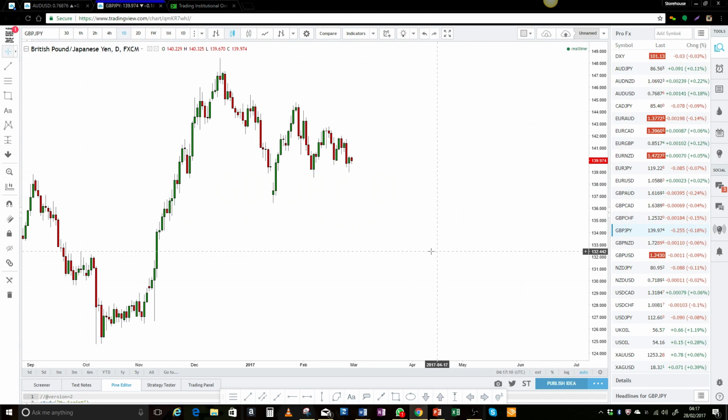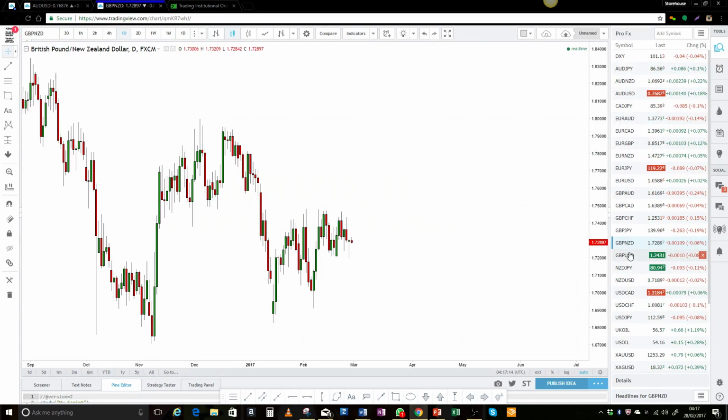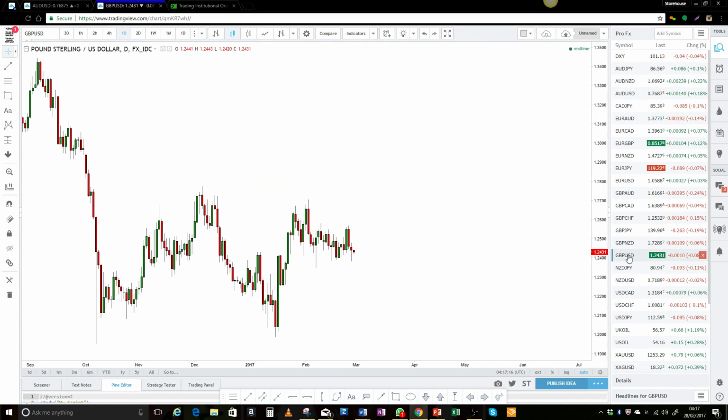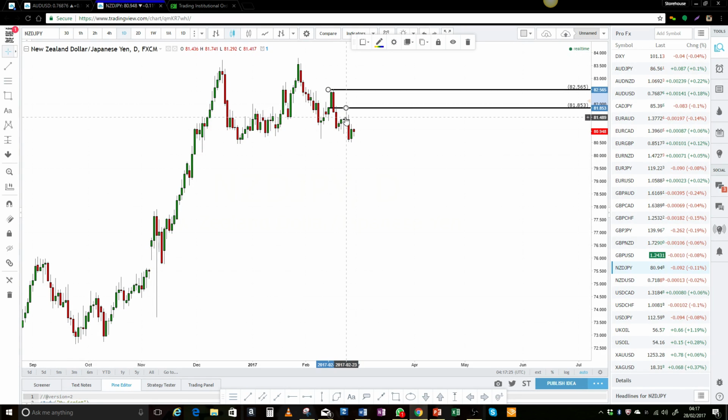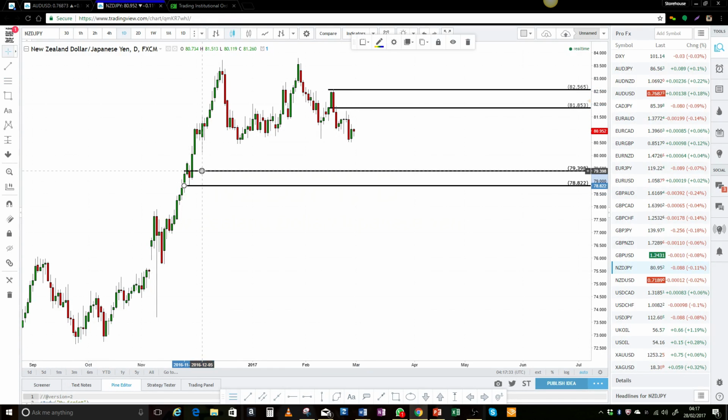The pound yen, nothing of quality here. Nothing. Nothing. We have this one up here. We're trying to form one above here as well, but it's not fully formed yet, and the nearest demand is down there.